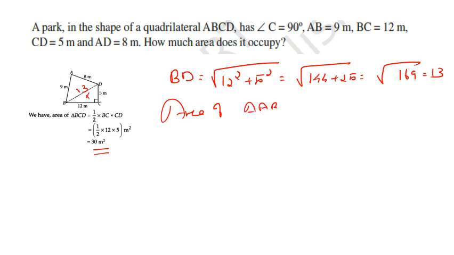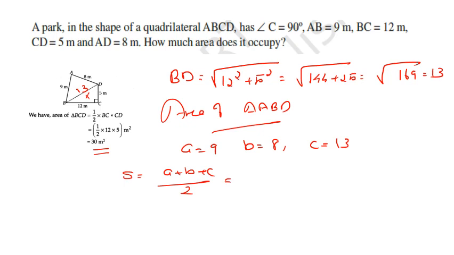Area of triangle ABD. Here a is equal to 9, b is equal to 8, c is equal to what? 13. So s is equal to what? a plus b plus c by 2. So 9 plus 8 plus 13 by 2. 30 by 2.